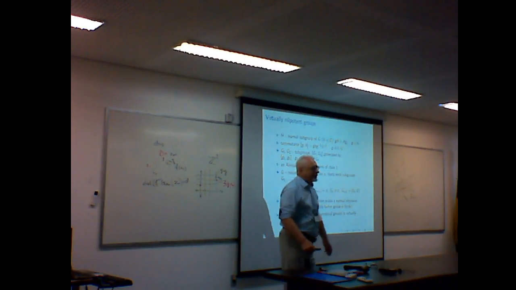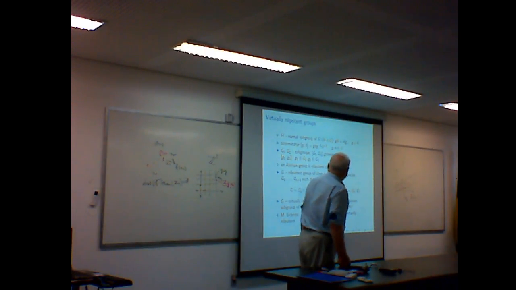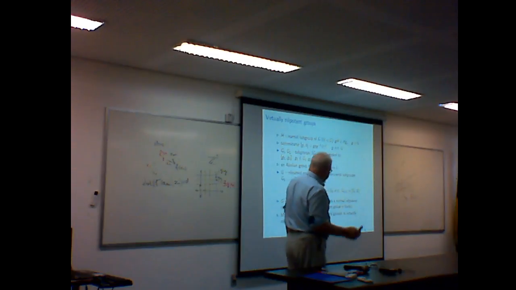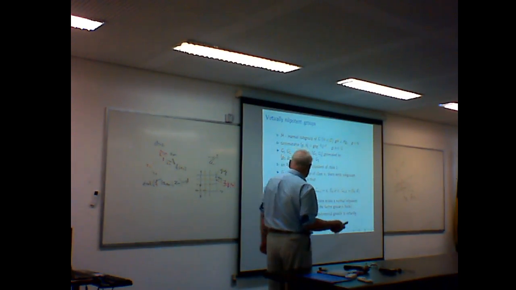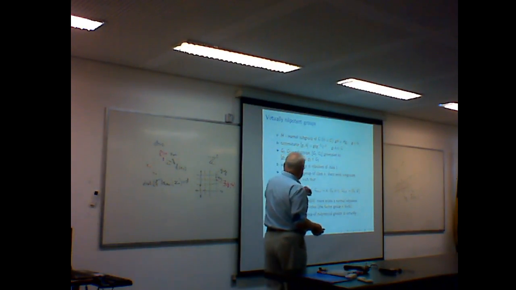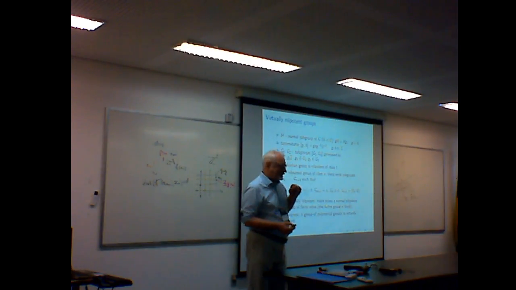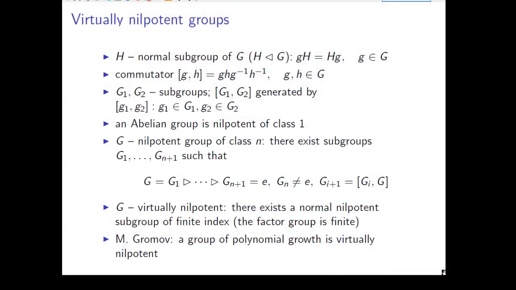Is G_{i+1} the commutator of G_i with G_i, or with G? With G. Yes. And a group is called virtually nilpotent if it has a normal nilpotent subgroup of finite index, so that the factor group is finite.